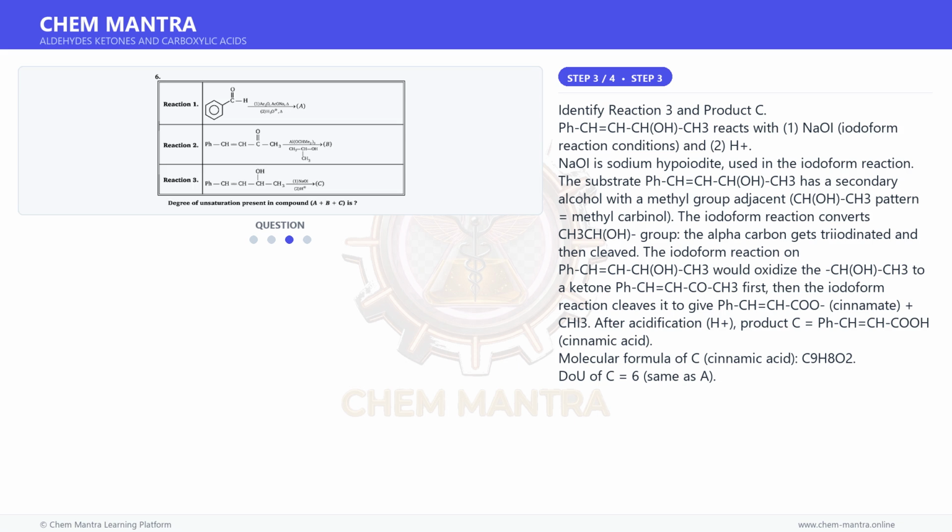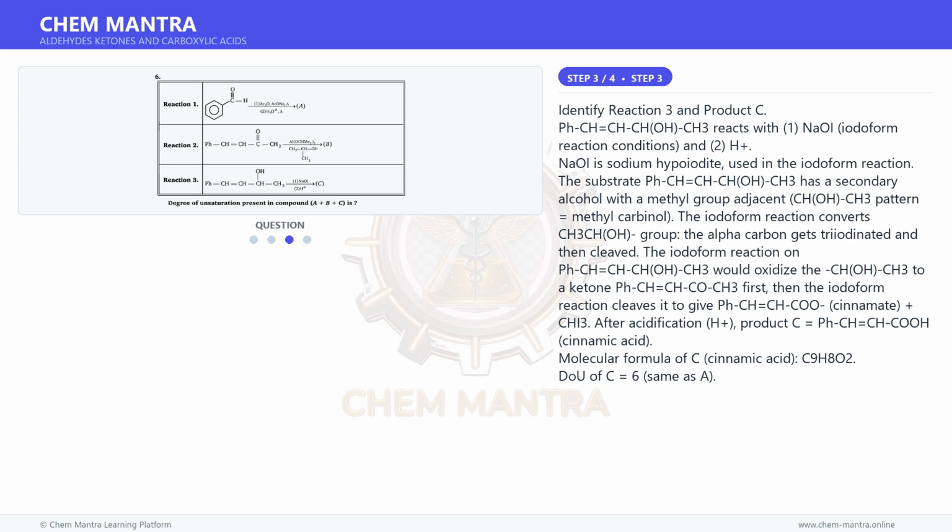The iodoform reaction converts the CH3CH(OH) group: the alpha carbon gets triiodinated and then cleaved. The iodoform reaction on PhCH=CHCH(OH)CH3 would oxidize the CH(OH)CH3 to a ketone, PhCH=CH-CO-CH3 first, then the iodoform reaction cleaves it to give PhCH=CH-COO- cinnamate plus CHI3.